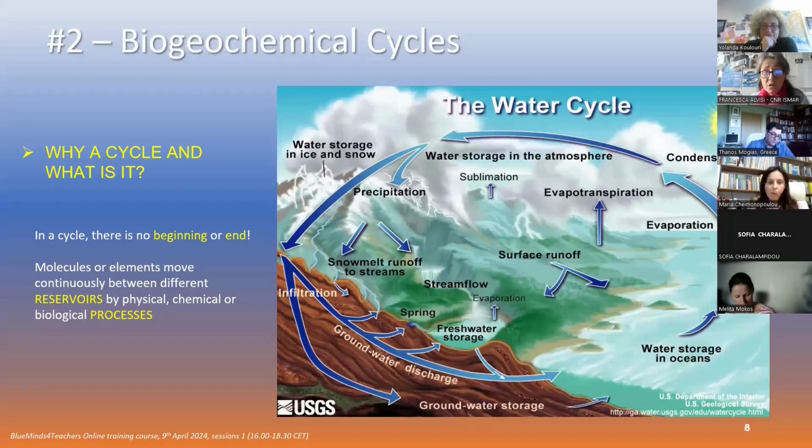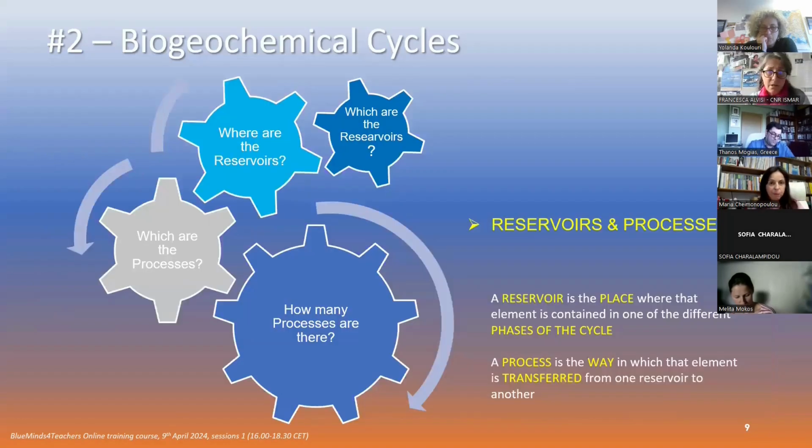This is an example of the water cycle, even if it is not a real biogeochemical cycle. And biogeochemical cycles are made of reservoirs and processes. The reservoir is the place where the element is contained for a while, and the processes are the way in which that element is transferred from one reservoir to another.